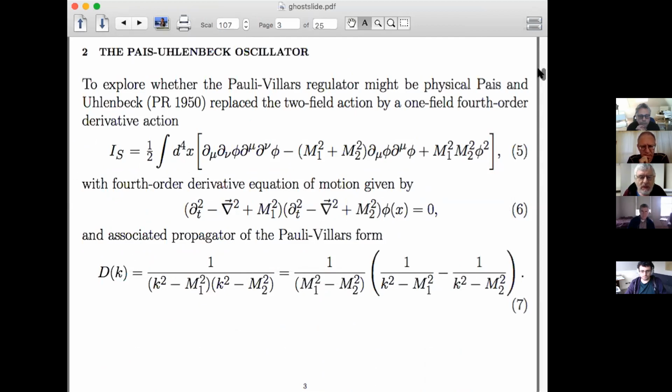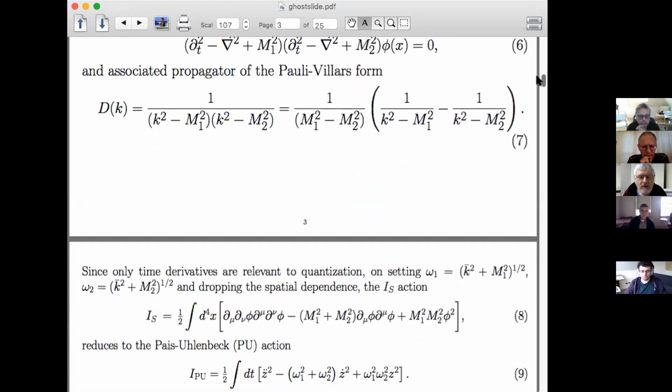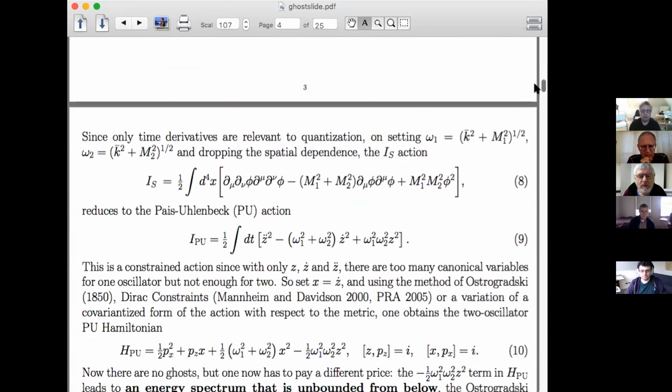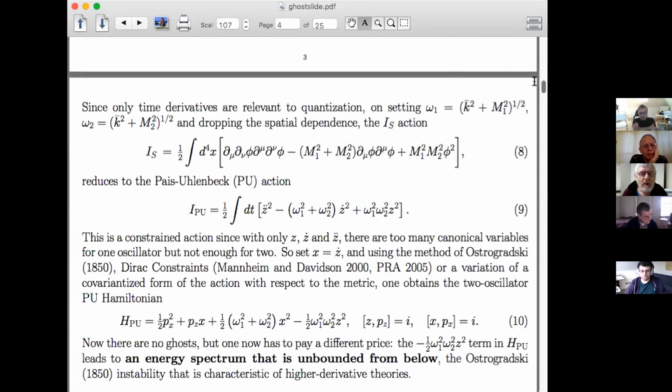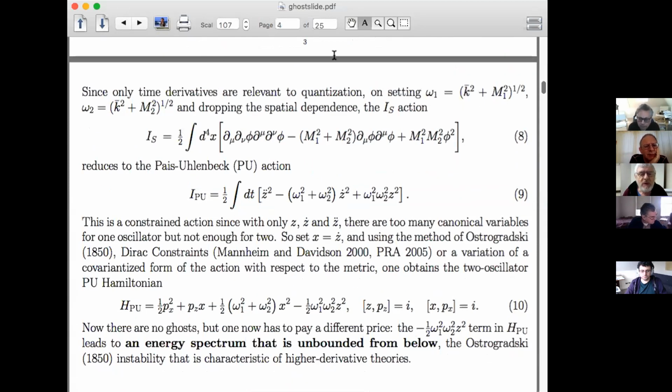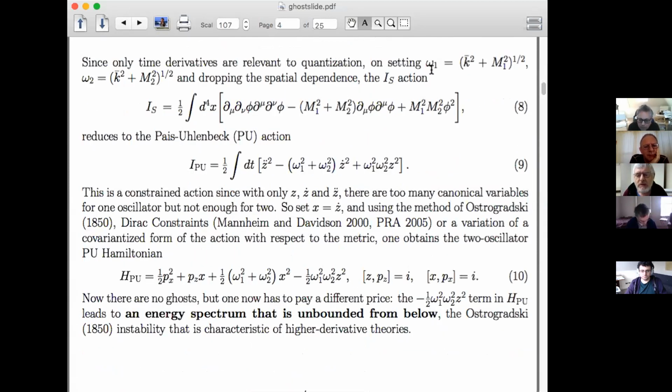They then studied this theory, and rather than work with the full quantum theory, since time derivatives are the only things that are relevant to quantization, they said omega 1 is the square root of k squared plus m1 squared, omega 2 the square root of k squared plus m2 squared. And this action then reduces to what's called the Pais-Uhlenbeck action.